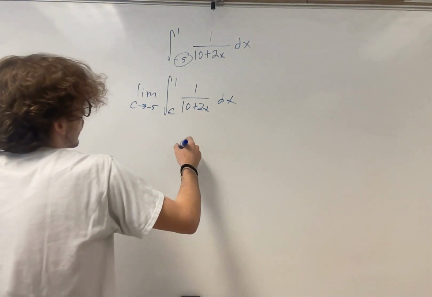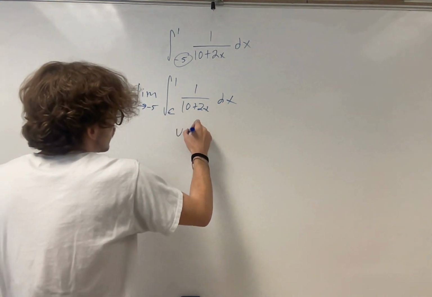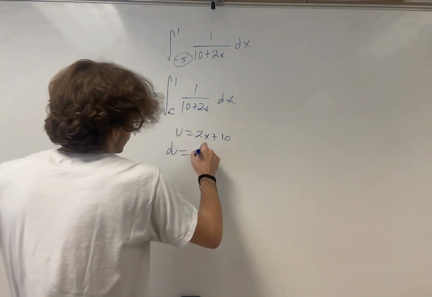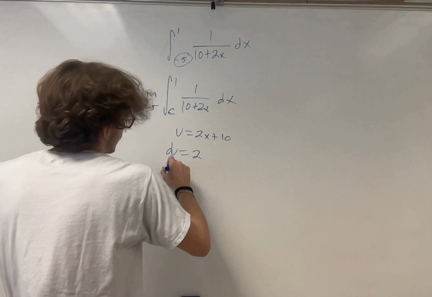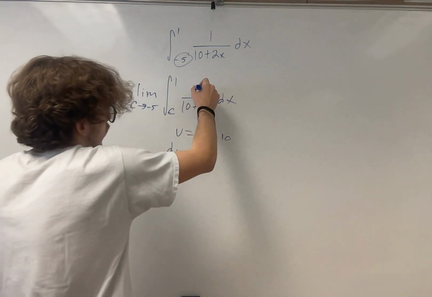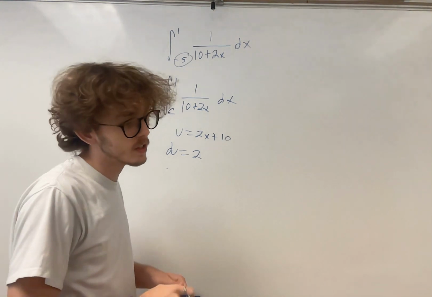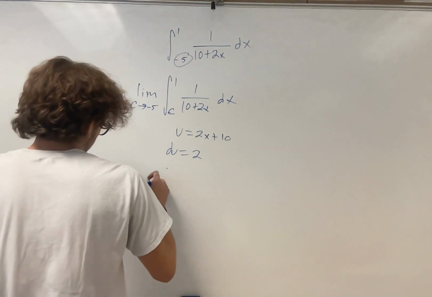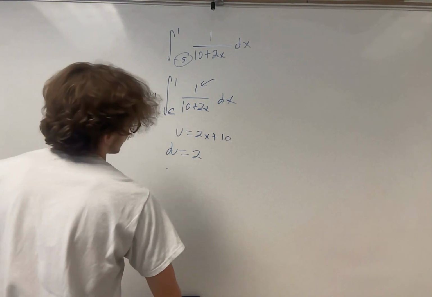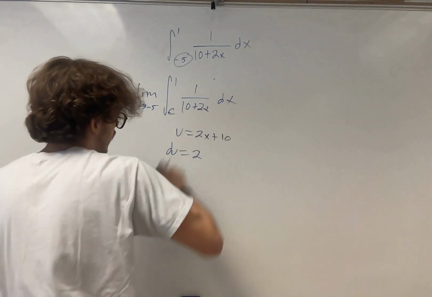We'll just do u-sub, u equals 2x plus 10, where du is equal to 2 dx. And our numerator, we know that this is 1 over a linear factor. That's going to be a natural log. And so we need to get 1 up here. So how do we do that with du? Well, we need to divide.